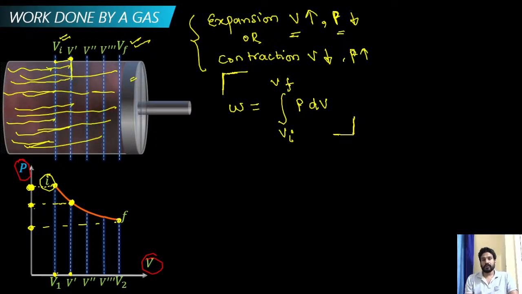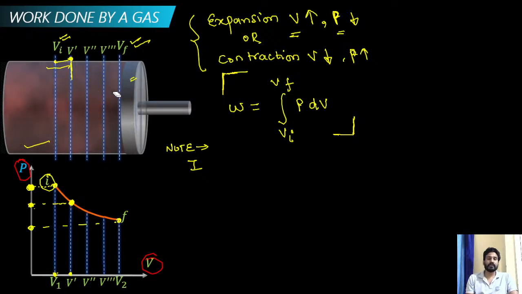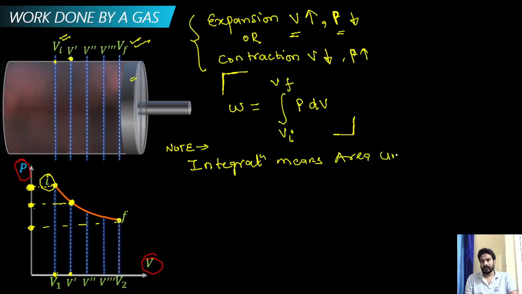Now, W is equal to integration PdV. What is the physical significance of the integration? If you are aware of it, that's very good. If you are not, please put this information in your notebook: integration means area under the curve.